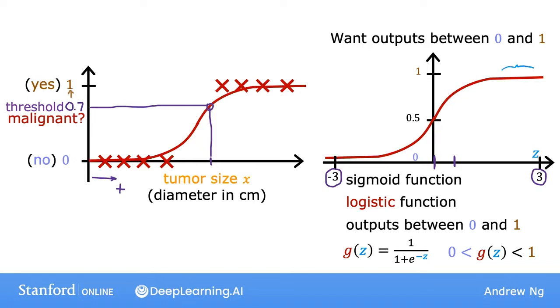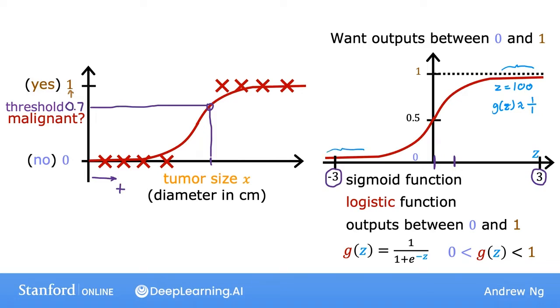Notice if z were really big, say 100, e to the negative z is e to the negative 100, which is a tiny, tiny number. So this ends up being 1 over 1 plus a tiny little number. And so the denominator will be very, very close to 1, which is why when z is large, g of z, that is the sigmoid function of z, is going to be very close to 1.